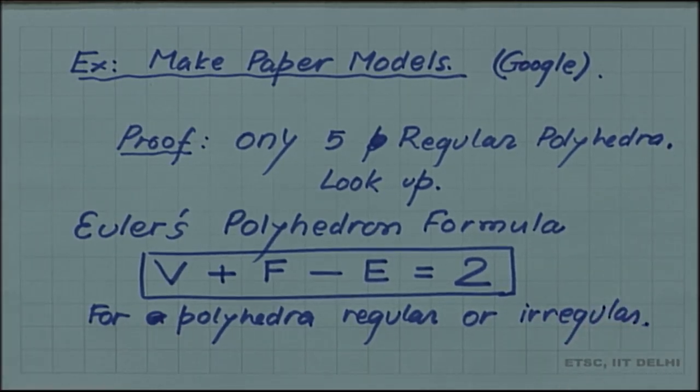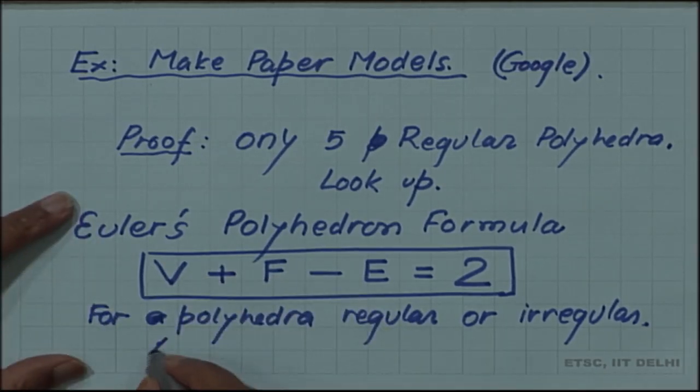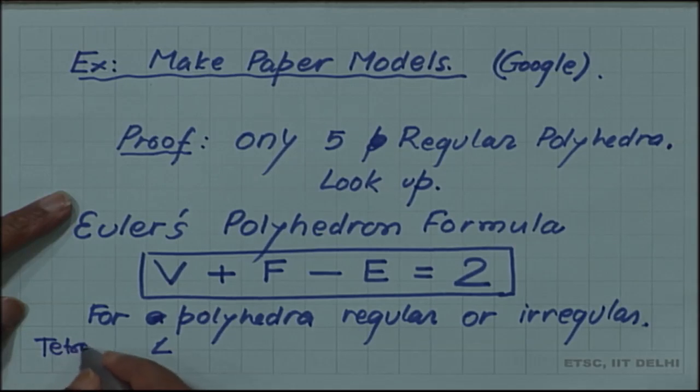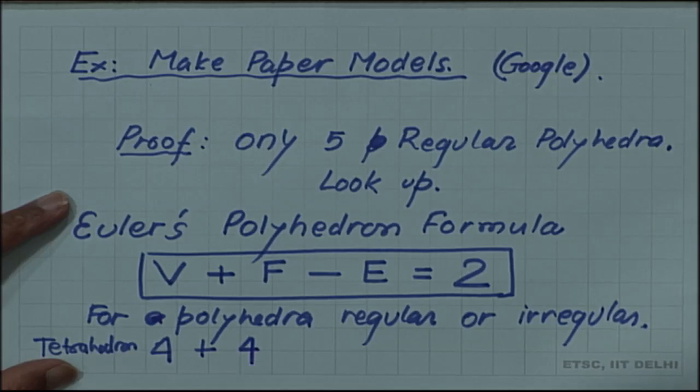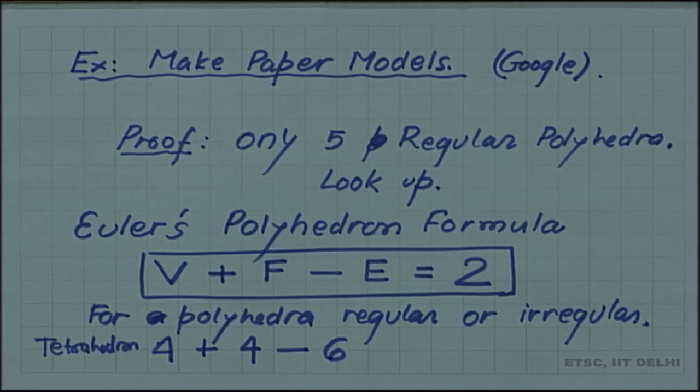So, for the 5 Platonic solids it is obviously true, but for other non-Platonic solids also this will be true. For example, let us look at the tetrahedron. The tetrahedron had 4 vertices, it also had 4 faces, so that makes it 8, but remember it only had 6 edges. So, 4 plus 4, 8 minus 6 is equal to 2. You can verify that this is true for all the solids which we have given.